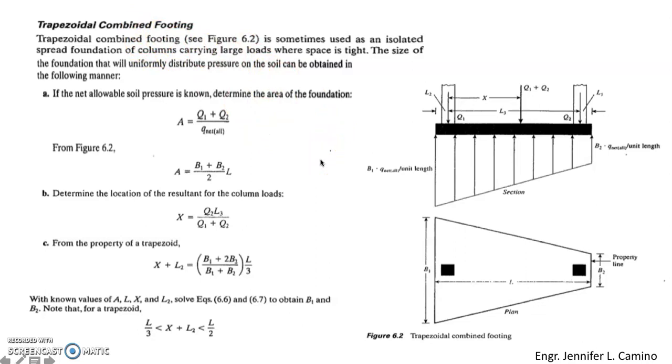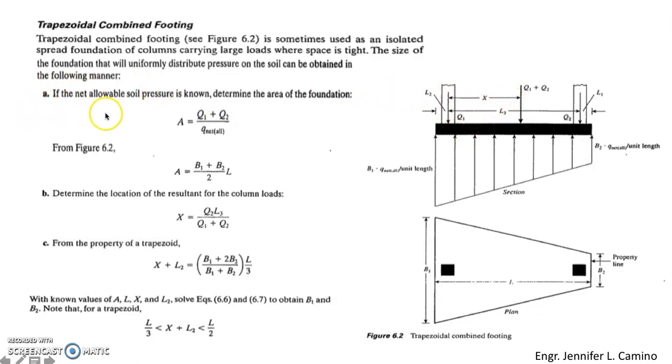So for this one, you have here an illustration of a trapezoidal combined footing. Of course, you have different widths, B1 and B sub 2. You still have the column loads, Q1 and Q2, and this is our resultant force. This is the location of the resultant force. This would be our reference line, so that we can identify the location of the resultant force.